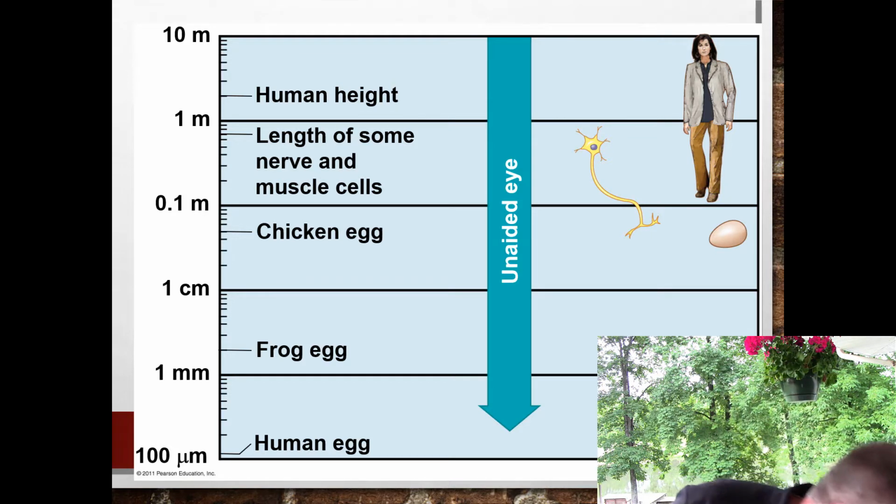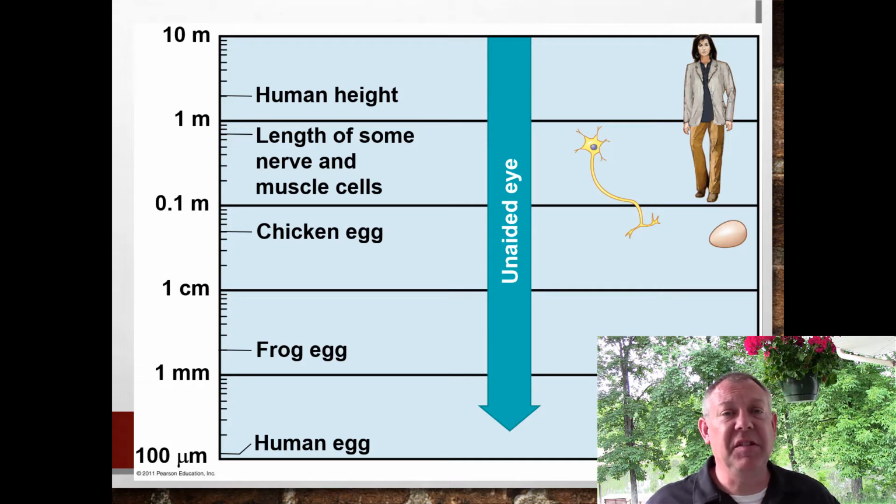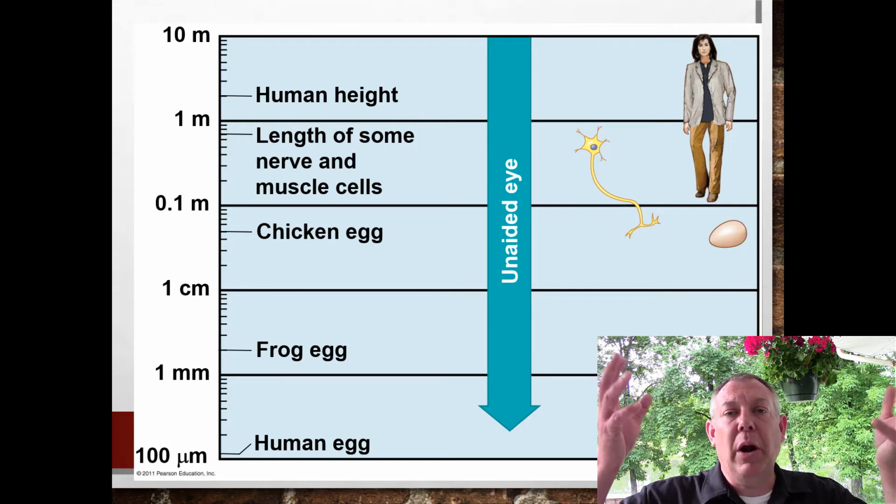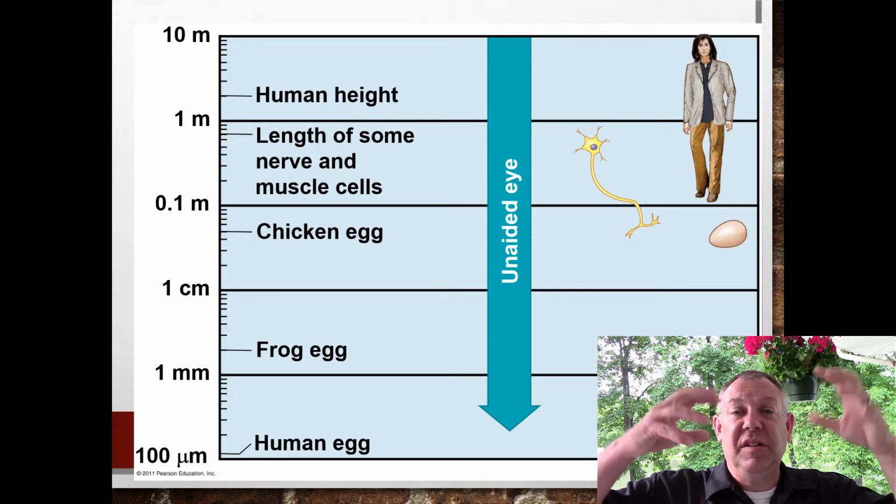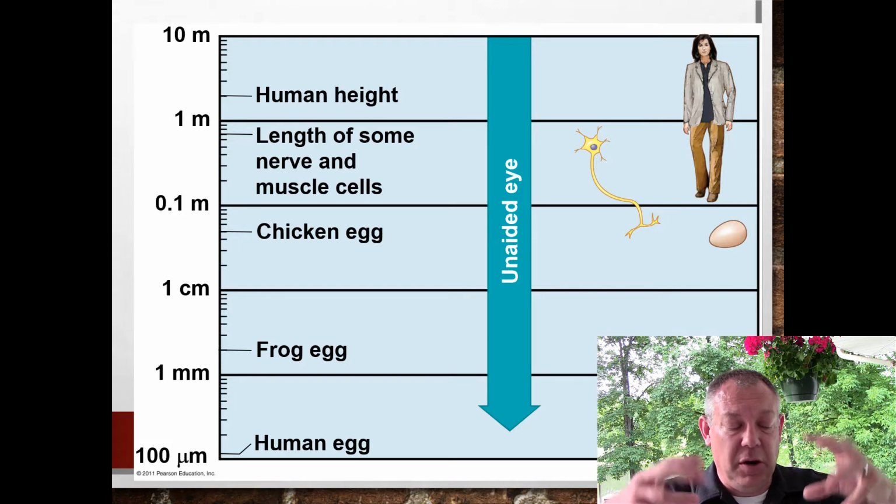We've got a little graphic here to put things into perspective. If you'll notice, this is a logarithmic graph, so each division is an order of magnitude, or a factor of 10. We go from 10 meters down to 1 meter, down to 1/10 of a meter, and so forth. This is to help you wrap your brain around what scale these different things are.